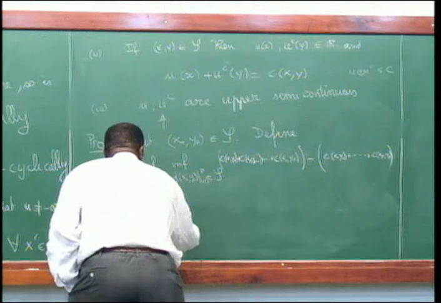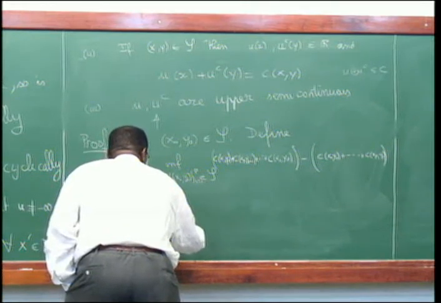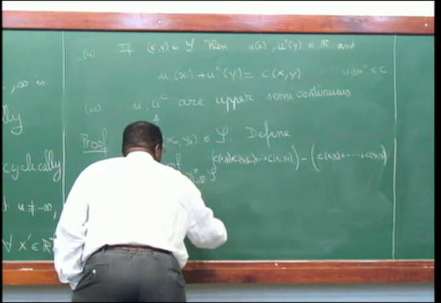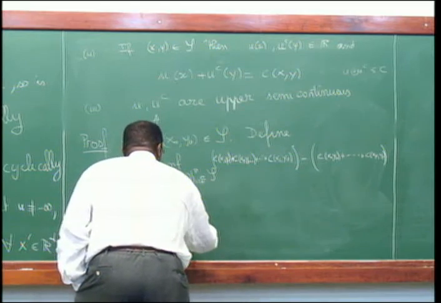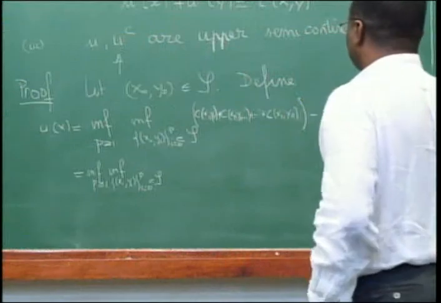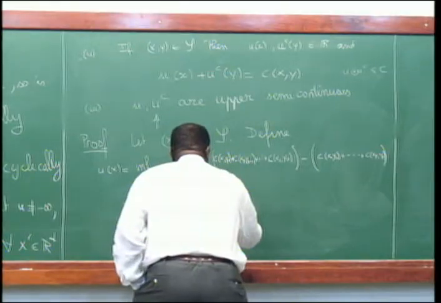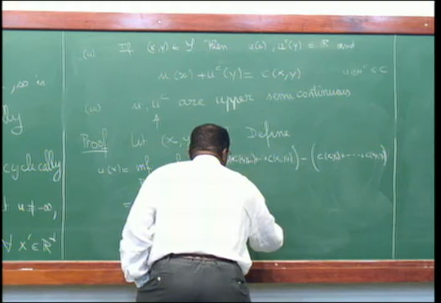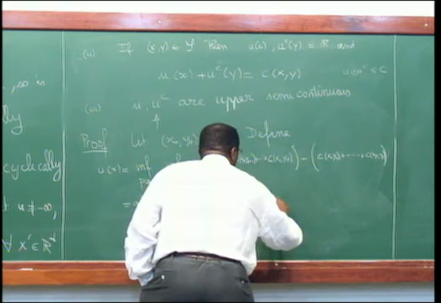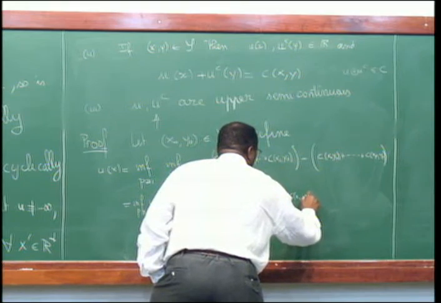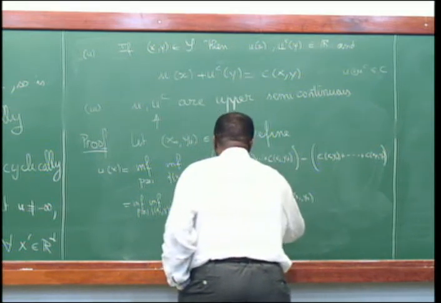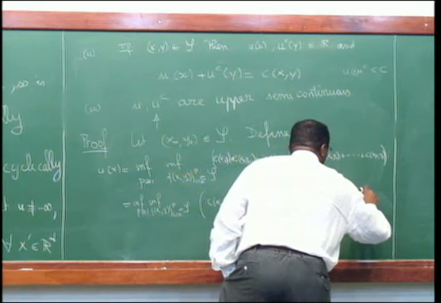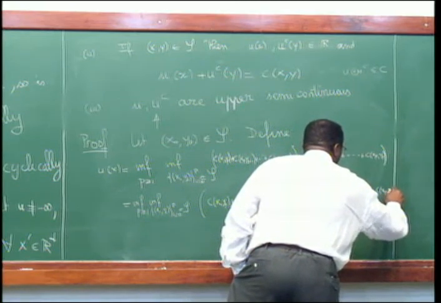So this is the infimum over p greater than 1, the infimum over xi, yi, i from 0 to p, subset of S. And I am going to write C x naught yp plus C xp yp minus 1 plus C x1 y naught minus C x naught y naught plus C xp yp.